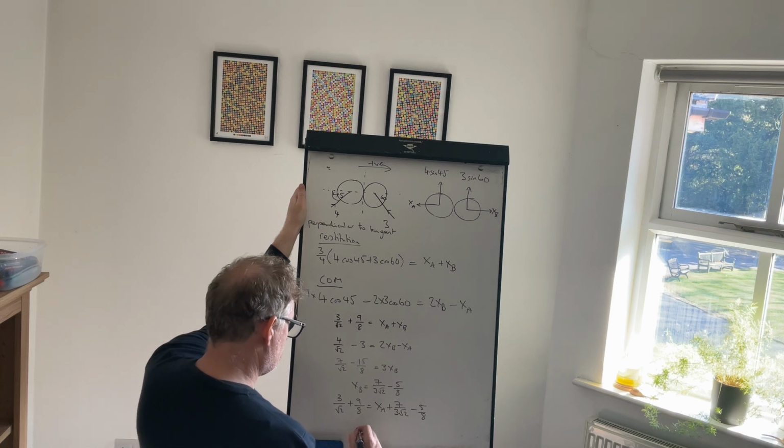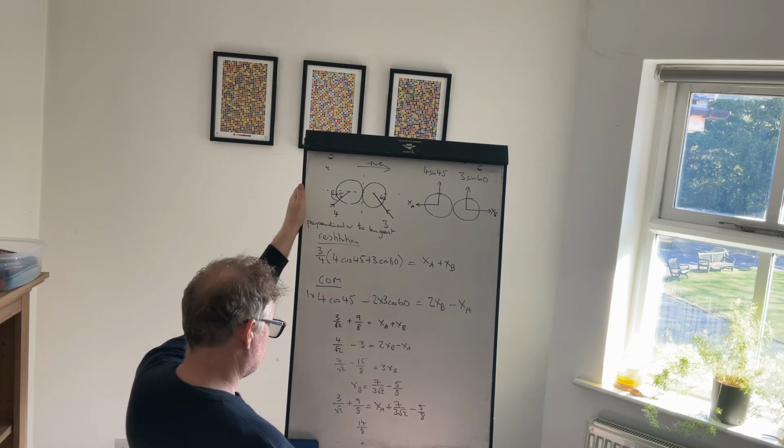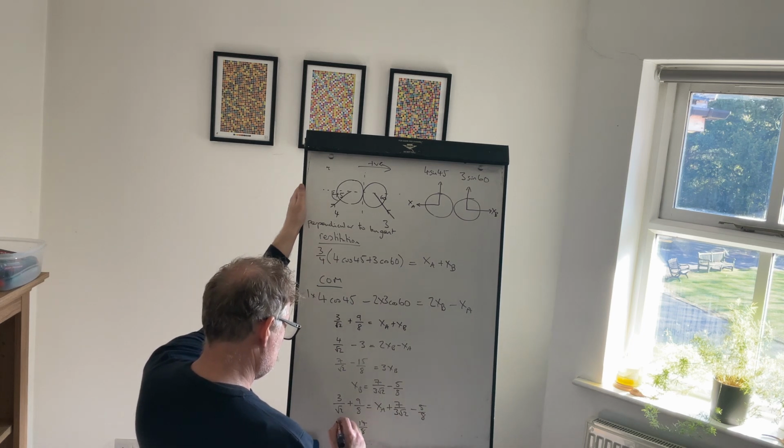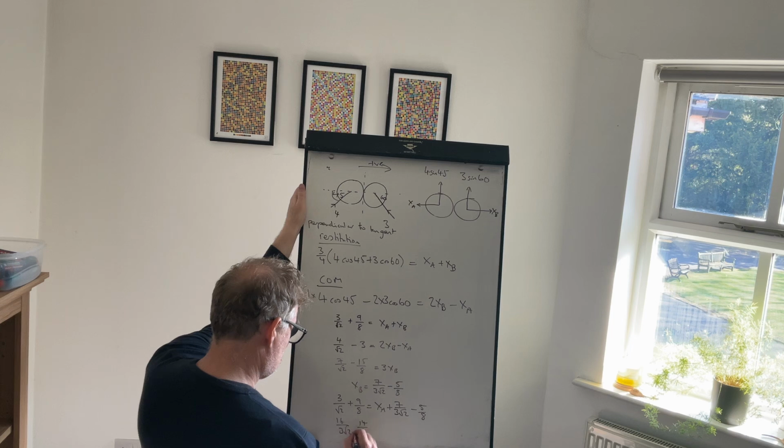So that's 14 over 8, and 16 over 3 root 2, I think, is what XA is.